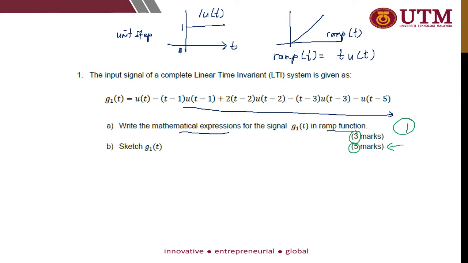Although from the equation you can basically illustrate how the signal looks, since you have 5 marks, you need to have complete steps before you achieve your final answer. If you only give me the final answer, for example G1(t), you only get a maximum of 1 to 2 marks. You will miss the 3 marks for the steps.